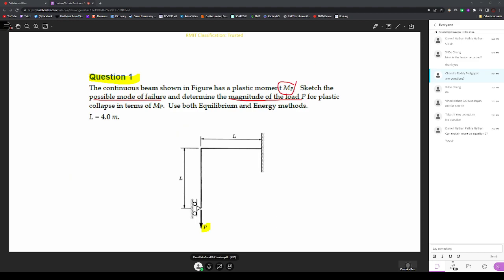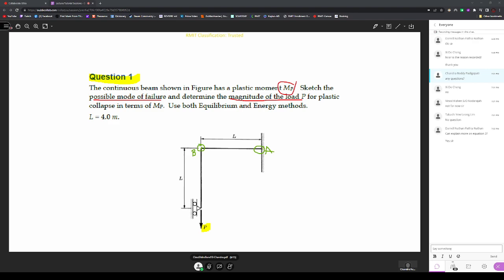You can consider this as point A, and consider this as point B. So the fully plastic conditions exist first at point A and point B.